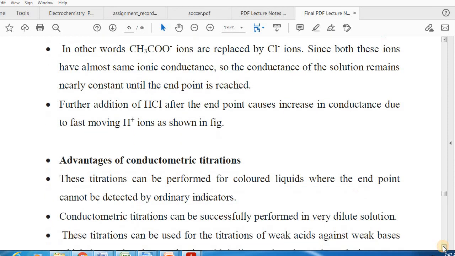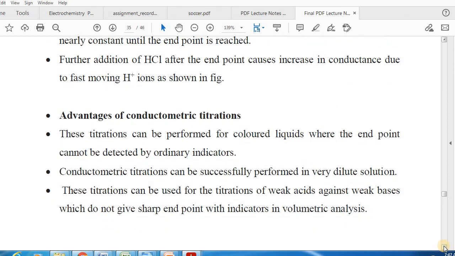So what are the various advantages of conductometric titrations? First of all, these titrations can be performed for colored liquids, which create problems in the determination of the end point when we are using ordinary indicators. Second, this can be very successfully performed in very dilute solutions.